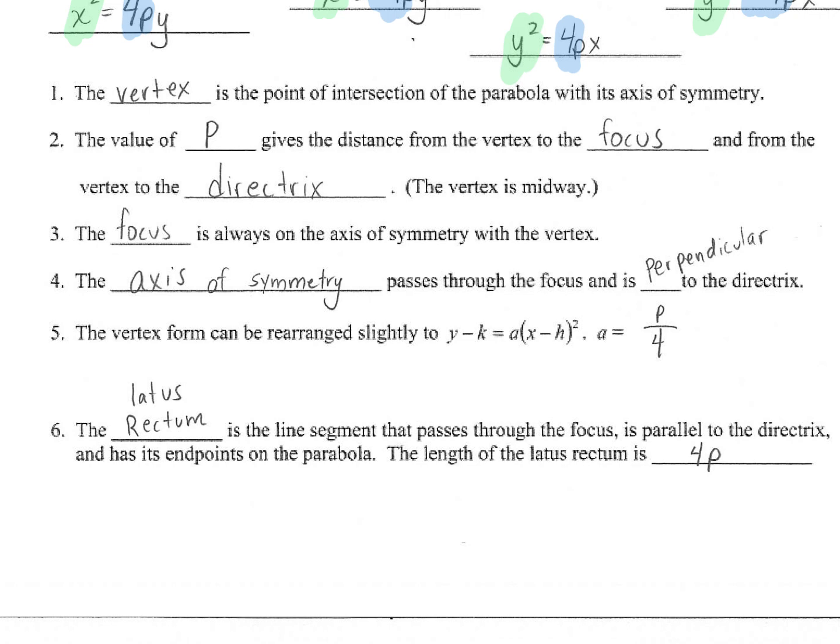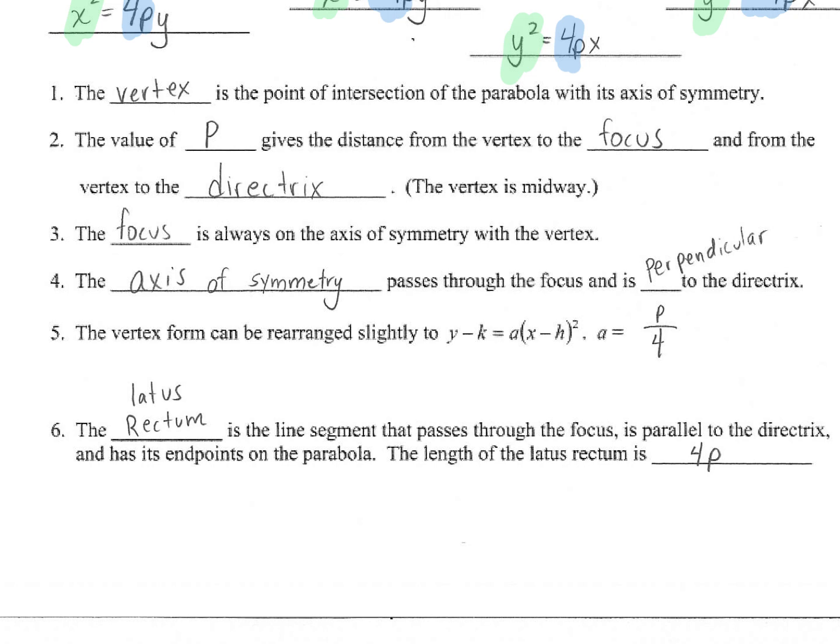In other words, the vertex is halfway between the directrix and the focus. Number three, the focus is always on the axis of symmetry with the vertex, similar to what we saw with ellipses and hyperbolas. Number four, the axis of symmetry passes through the focus and is perpendicular to the directrix.